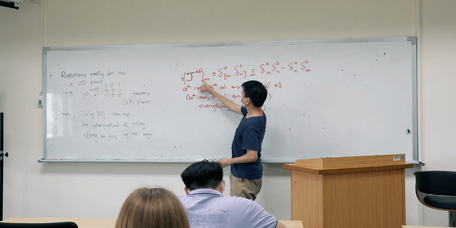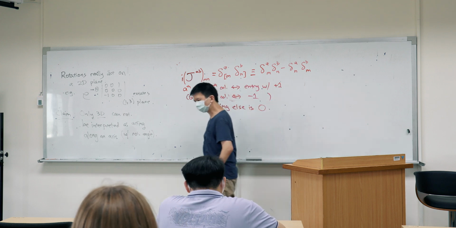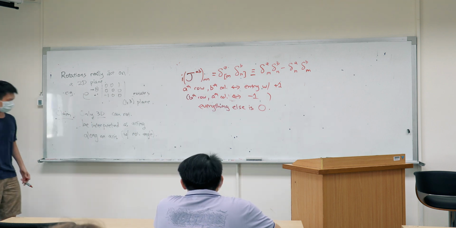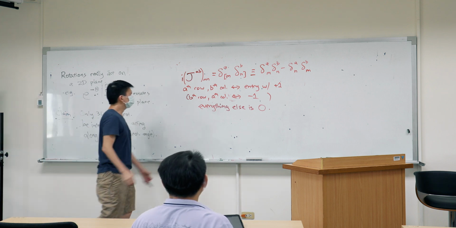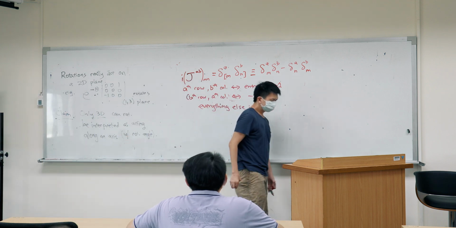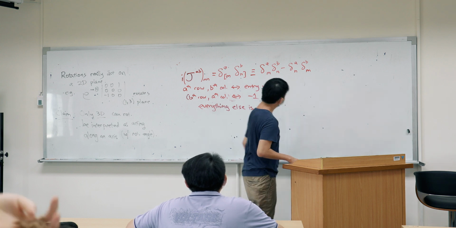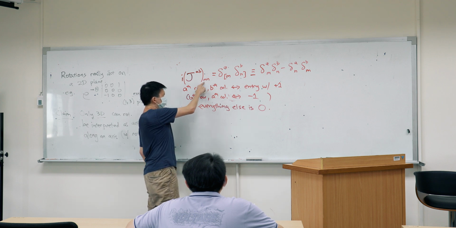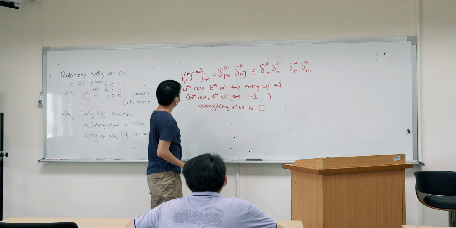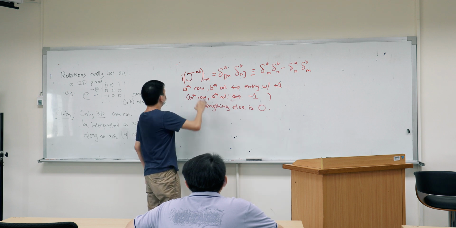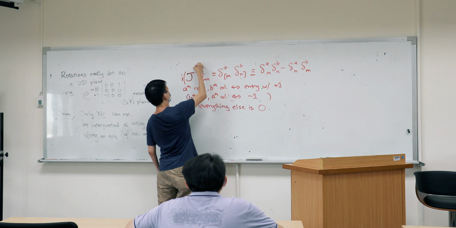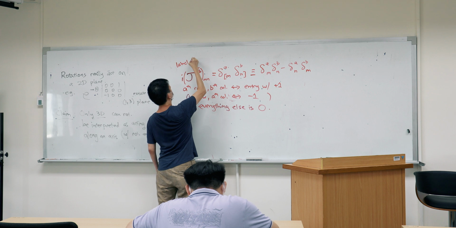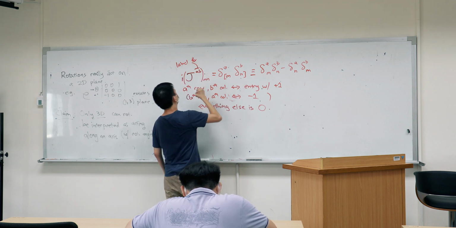When I write some quantity with subscripts m and n, and there are only 2 indices as a warm-up, sometimes there'll be more, so it gets a bit more cumbersome to deal with. But with 2 indices, you can always think of it as a matrix. So m is like a row number, and n is the column number. In this case, AB is really a label for the generator.